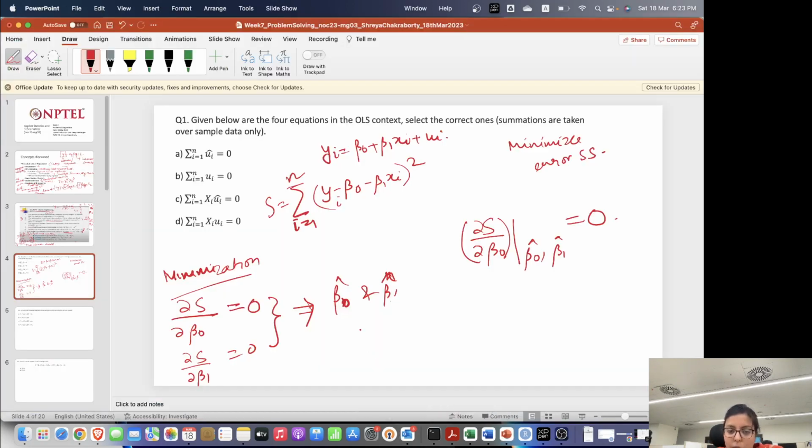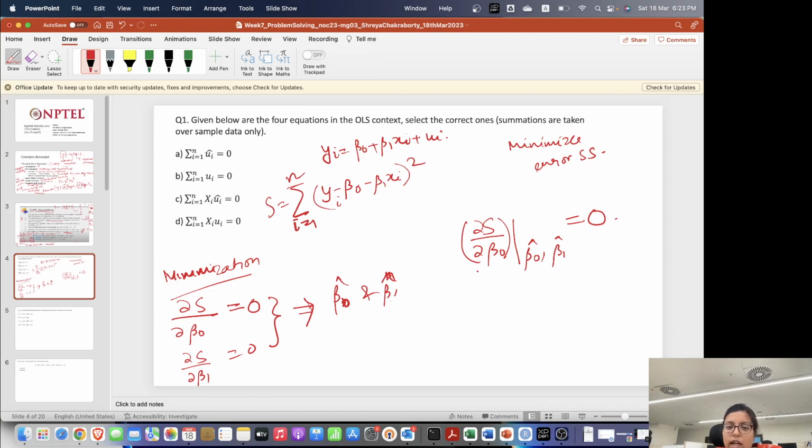Because we had obtained these estimates by equating the partial derivatives to 0 and solving for them. If we plug in whatever we had gotten into the partial derivatives, we would ultimately land at 0. So these are essentially nothing but the normal equations.